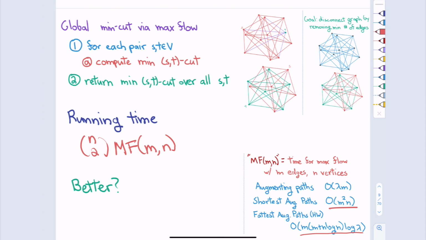Currently n choose 2 tries all pairs. Can you get n? Maybe if you added a source vertex. There's a trick.